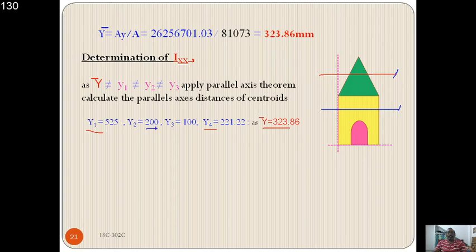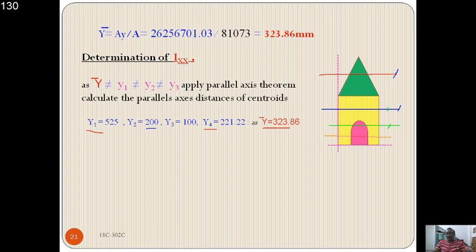Even for y2 it is 200. Therefore y2 is located somewhere here, and similarly we require this distance as d2. And y3 is located somewhere here. Y3 is the rectangle portion here.